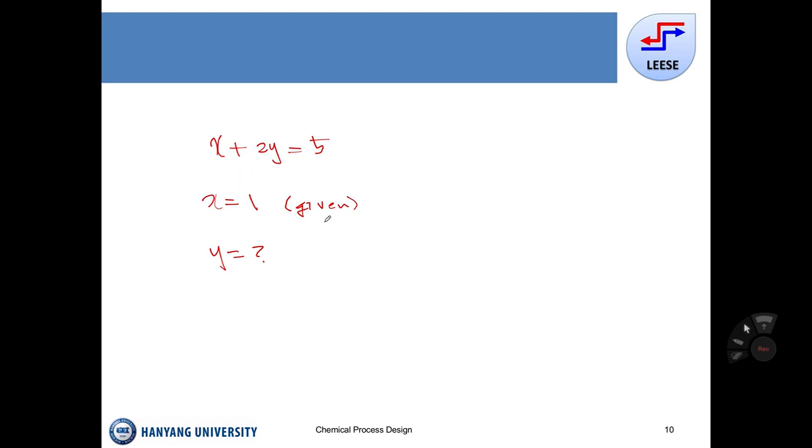Because x1 is given, then I have the y. So the problem is solved. X1 is given. Can I solve? Yes, I can solve the y.